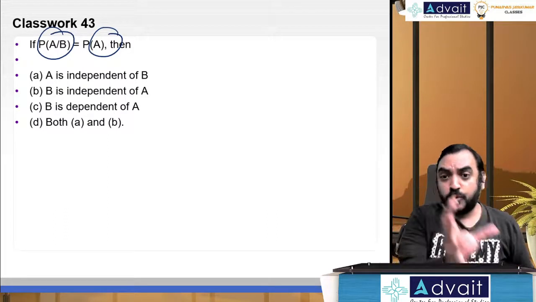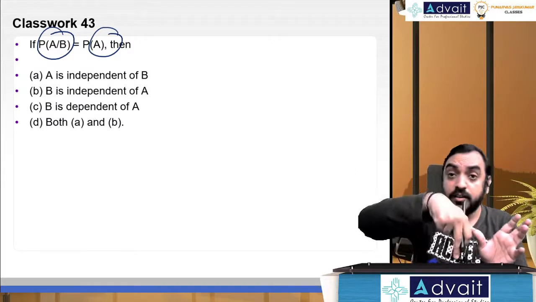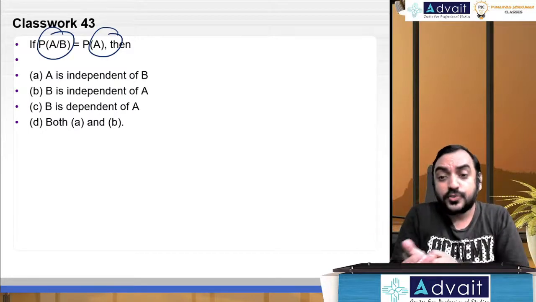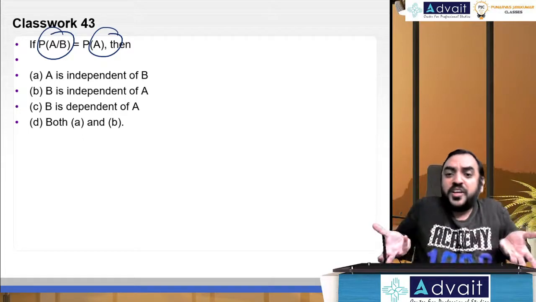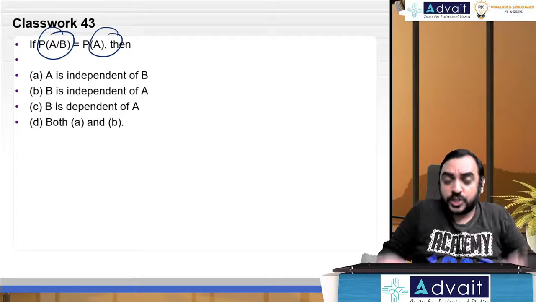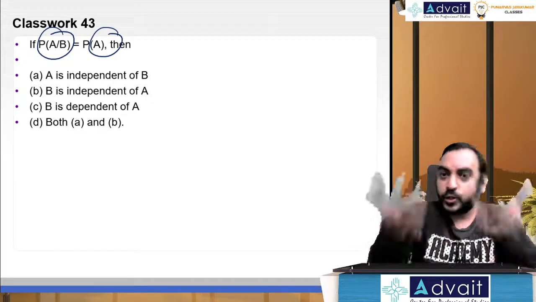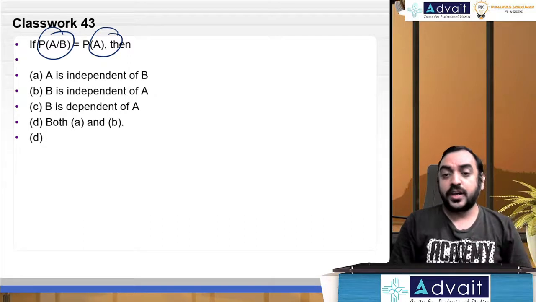Probability of A is so much, and probability of A after B happening is also same thing. So whether B is happening or not, probability of A remains same, which means basically A is independent of B, and if A is independent of B, then B will also be independent of A. It will be vice versa in terms of events. So both A and B. I'll explain once more.